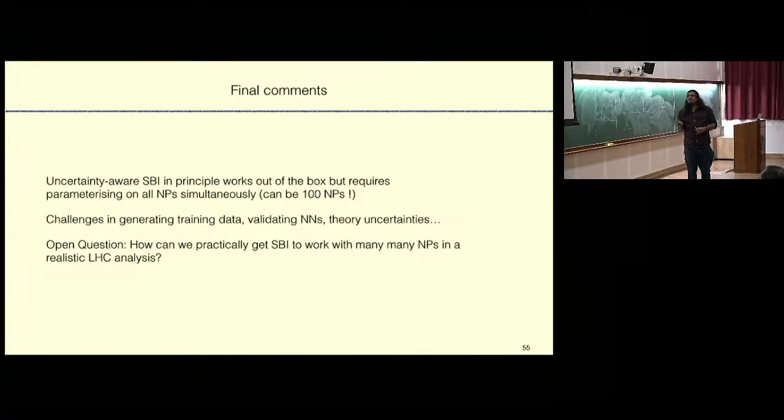Because the challenge is, first of all, generating the training data set that populates this entire phase space, and training the model and validating it. So this is an open question, a topic of research. How do we make SBI also uncertainty aware in a meaningful way? By default, it could work, but how do we make it practical?